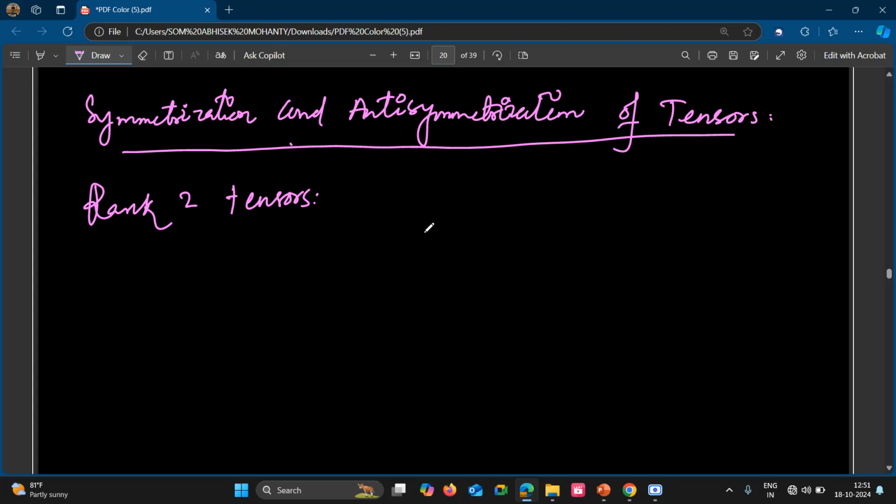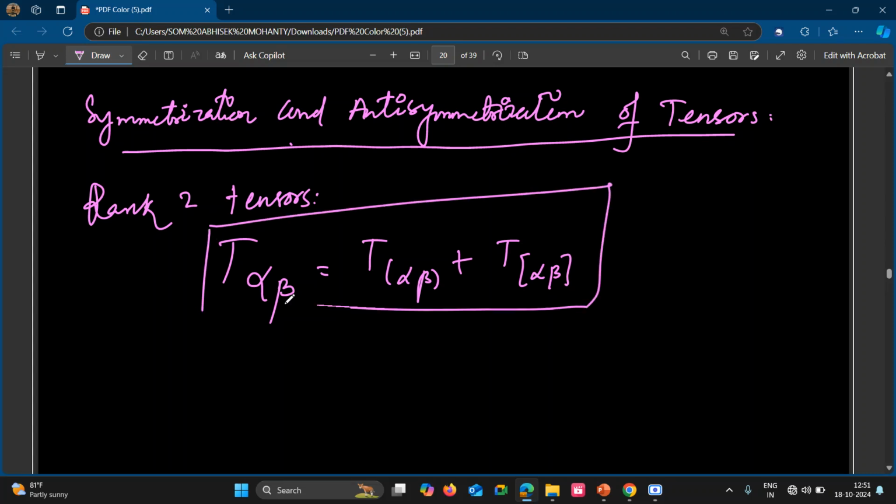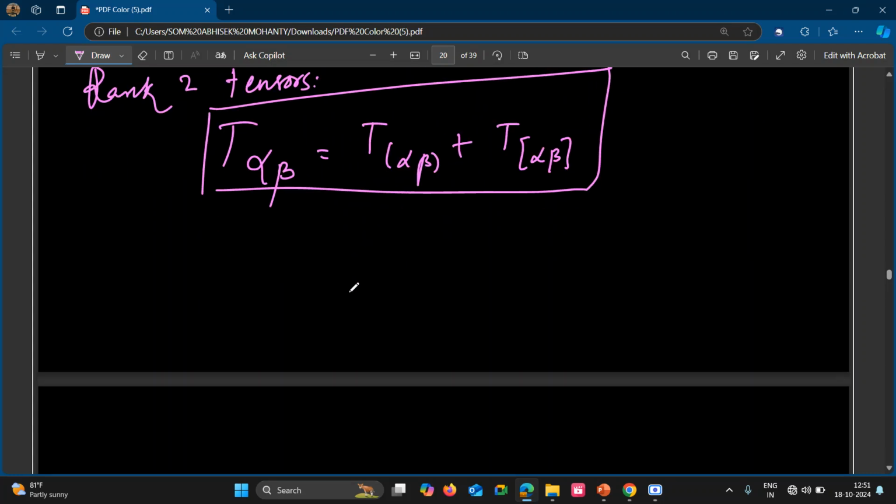So suppose let's say T alpha beta. T alpha beta can be symmetrized as T alpha beta plus T beta alpha. Now you'll be like, what is this? What have I just written? Don't worry.